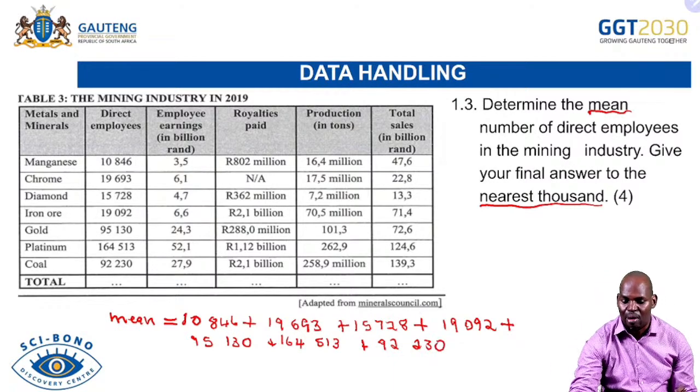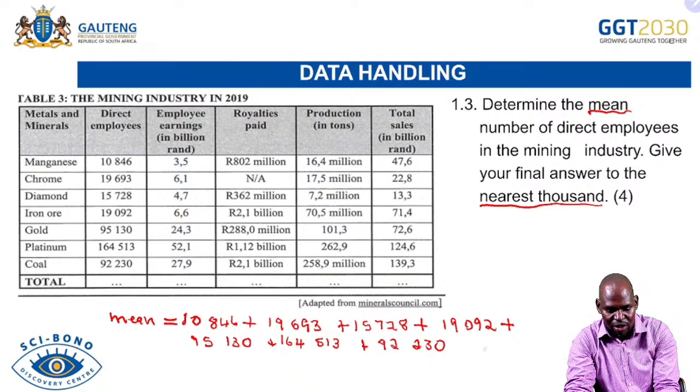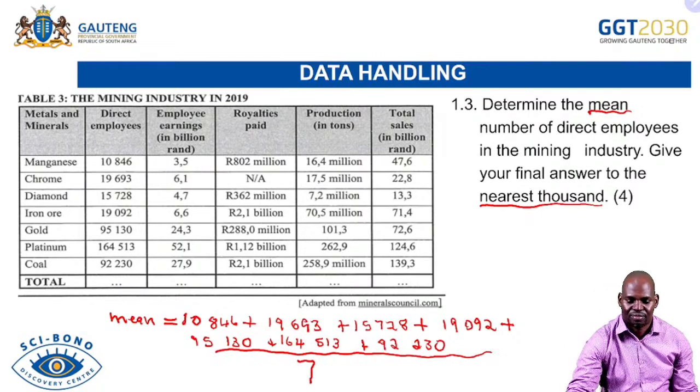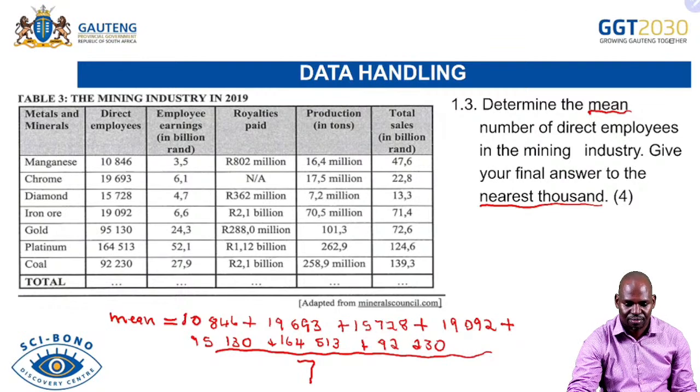Remember the mean we need to add, that is the sum. So let's check. We said we've got 1, 2, 3, 4, 5, 6, 7. Then we need to divide it by 7. Now you need to use your calculator.